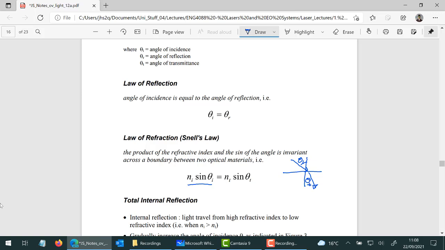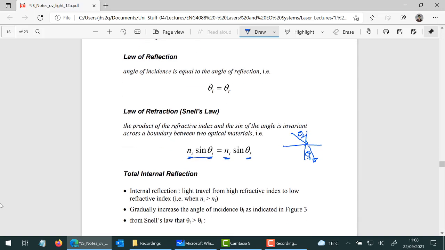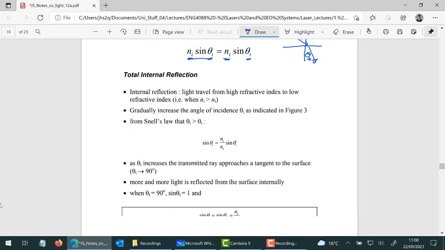That means that if the refractive index of the incident material and the angle of incidence are constant, then if the refractive index of the transmitting material is increased, the angle must go down. So that's why we get the angle of refraction.